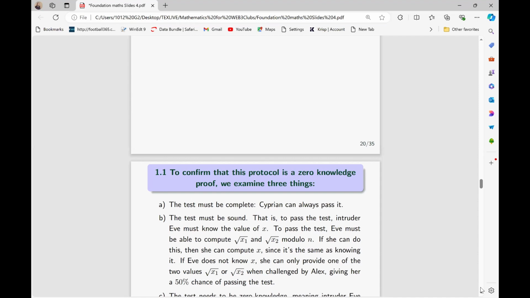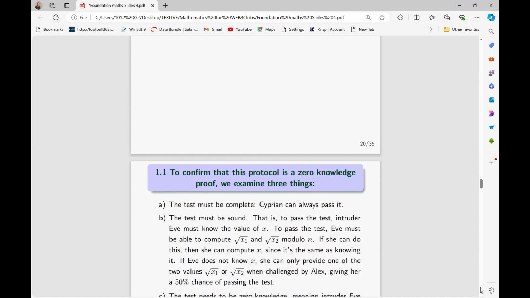You can see example 1 and example 2, when Cyprian claimed to know X, when he was asked for the square root of X1, he passed it. When he was asked to get the square root of X2, he passed it. And so the prover, the person who claims to know, must always pass.